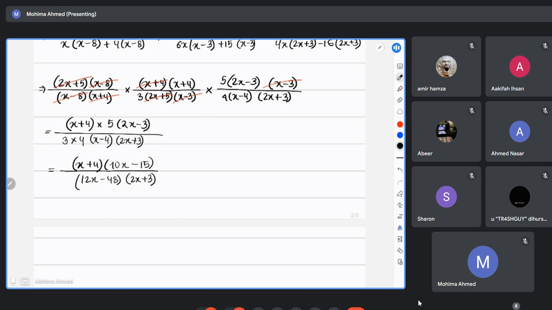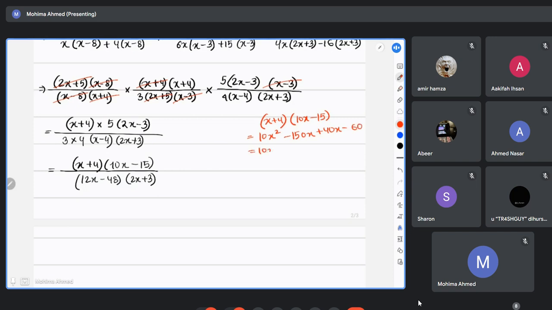Lastly, you have to multiply x plus 4 with 10x minus 15. It's going to be what? I'll just do the rough working over here. X plus 4 and 10x minus 15. So this is going to be 10x squared minus 150x plus 40x minus 4 into 15 is 60.